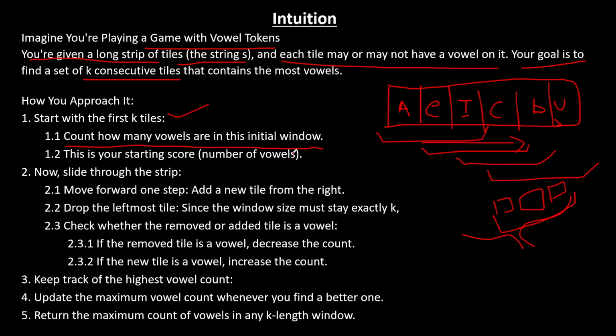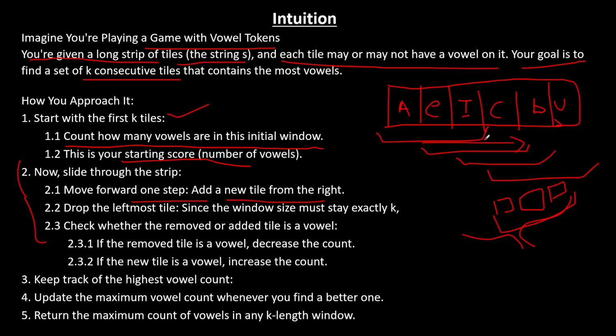So in this first case we will just check how many vowels would be there. That could be our first intuition. We took a window of size k and we check how many vowels are there. Now this is our starting score, because as we go further, there could be maximum or minimum vowels. Now we slide through the strip. We move forward one step, adding a new tile from the right.